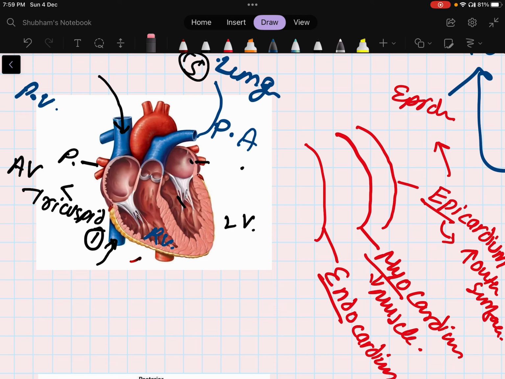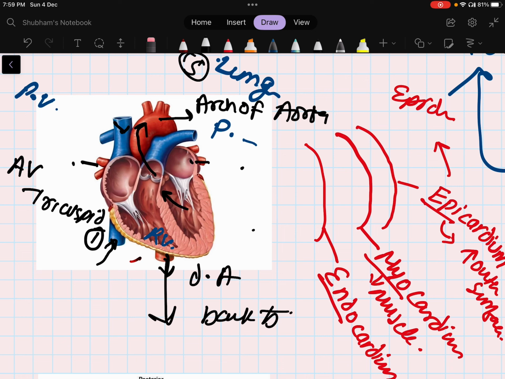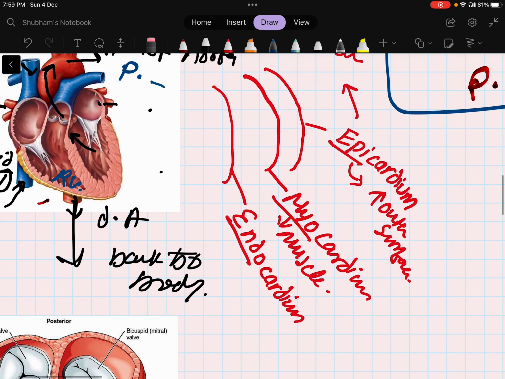And from the left ventricle, our blood will travel from here to our aorta. This is the arch of aorta, and this is the descending aorta, back to the body, right?